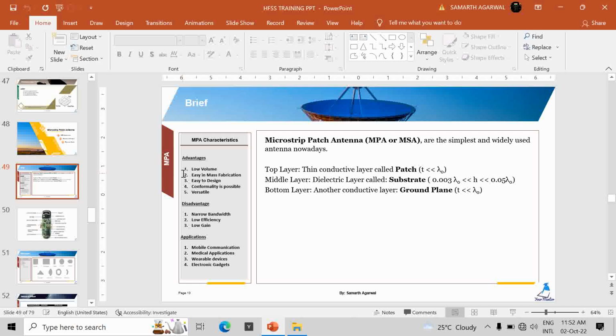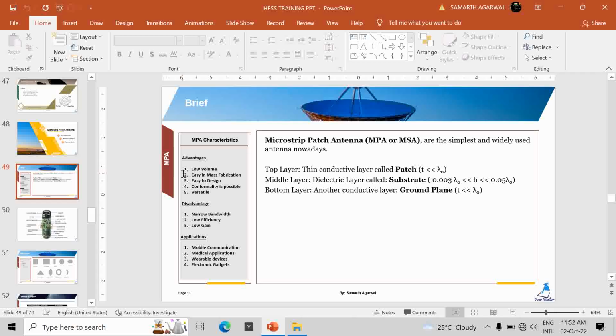How can you define the dimensions or the thickness of that patch? Mainly the formulas are also there, which I have already shown you if I'm not wrong, but in case they are not shown, in coming lectures we will show them. Mainly the thickness of the copper layer, or generally I'm taking the name as copper. It is not necessary that only copper will be there in the conductive layer. Aluminium will also be there, and gold will also be there in some places.